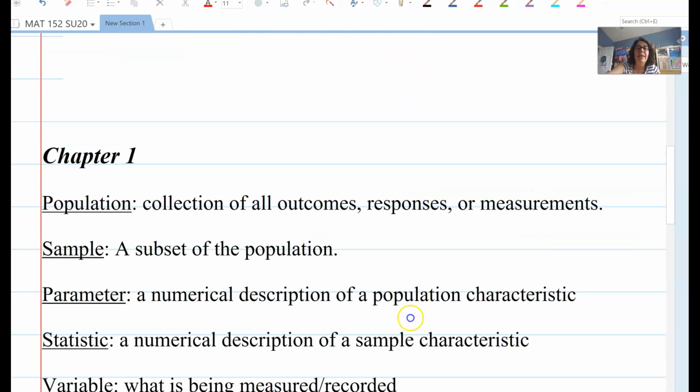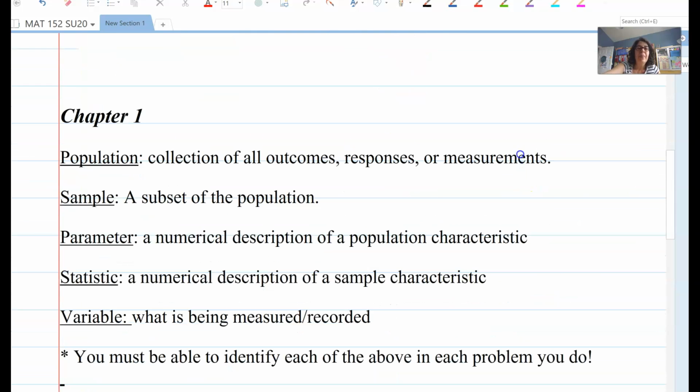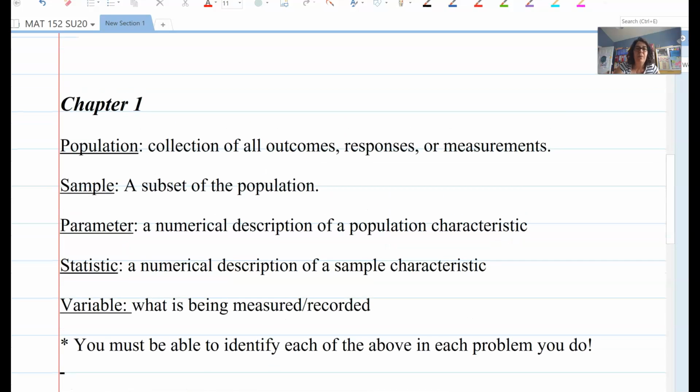So I'm going to go ahead and try to touch the important parts in Chapter 1. So population, the meaning of population. Obviously, we're not going to ask you the definition of those: what's population, what's sample, what's parameter, what's statistics, what's variable. We're not going to ask you that. But as you see in the Lab Manual, page 7 and page 8 are good examples of this portion.